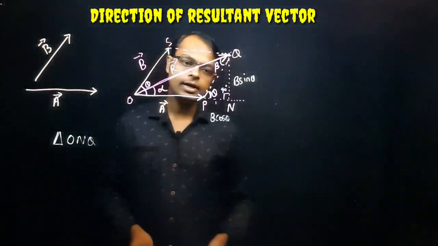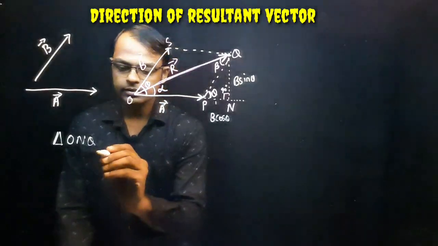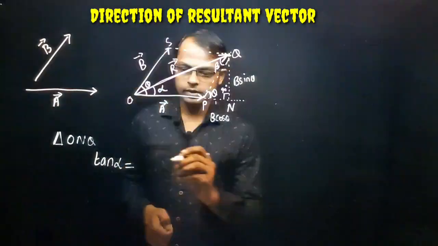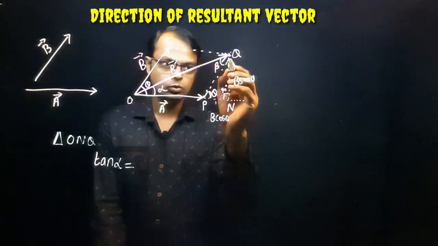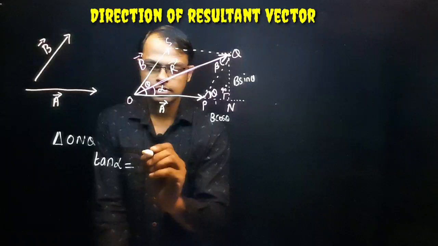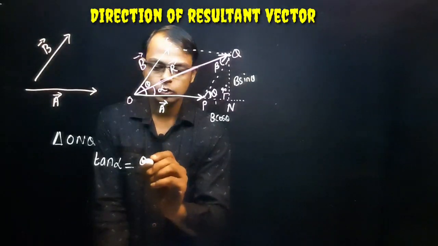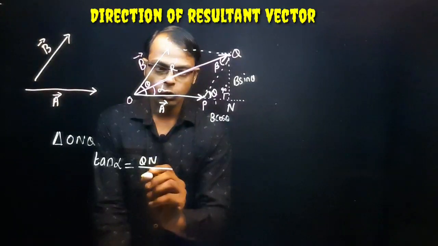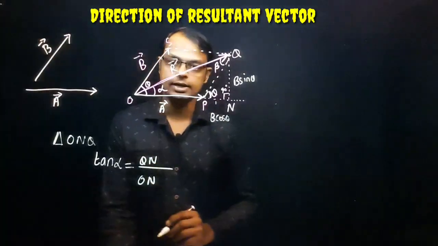From the triangle ONQ, just find the tan alpha. What is the tan alpha? Tan alpha is equal to opposite side divided by adjacent side. Here what is the opposite side? QN is the opposite side. What is the adjacent side? ON is the adjacent side.